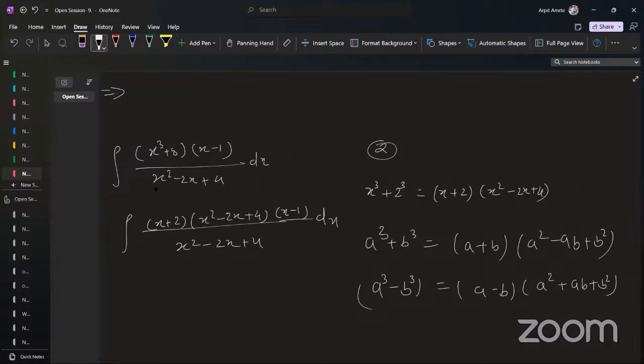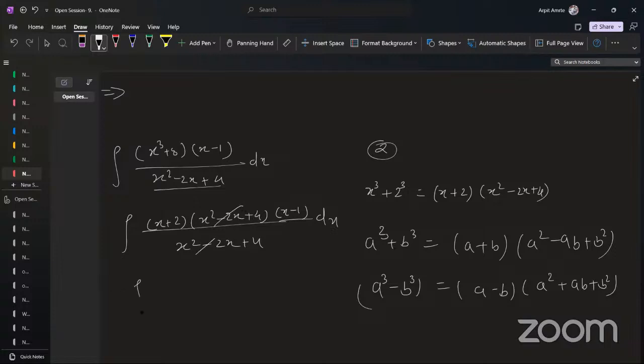So in this case, if you get this kind of thing, try to do something on the numerator and denominator and try to remove the denominator part. Okay. You have so many identities. Just try to use those identities, try to remove the denominator part, and then try to solve. Okay.